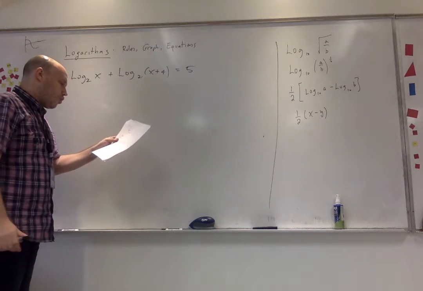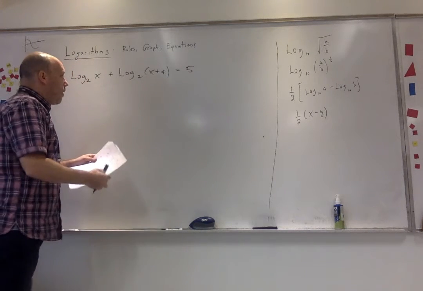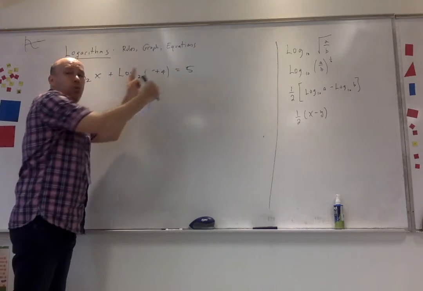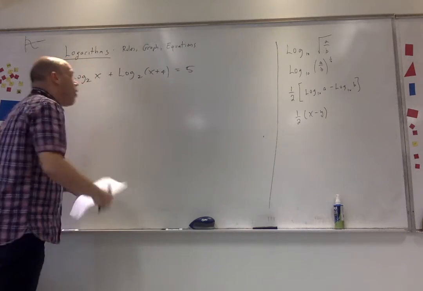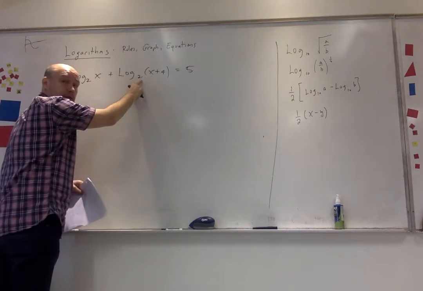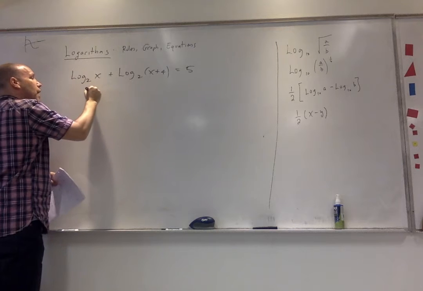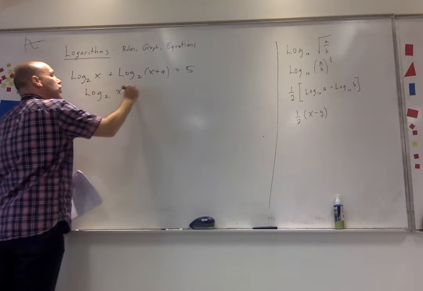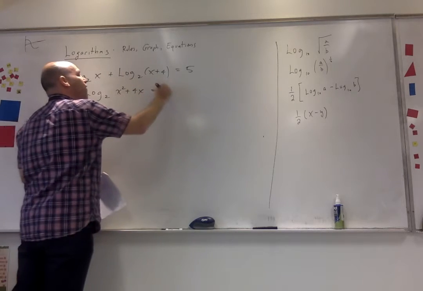Once again, if we can expand this out, we can also use the rules to smush everything together. Well, we have addition and we have logarithms with the same base, so I'm going to bring this together. Log base 2 of x squared plus 4x equals 5.